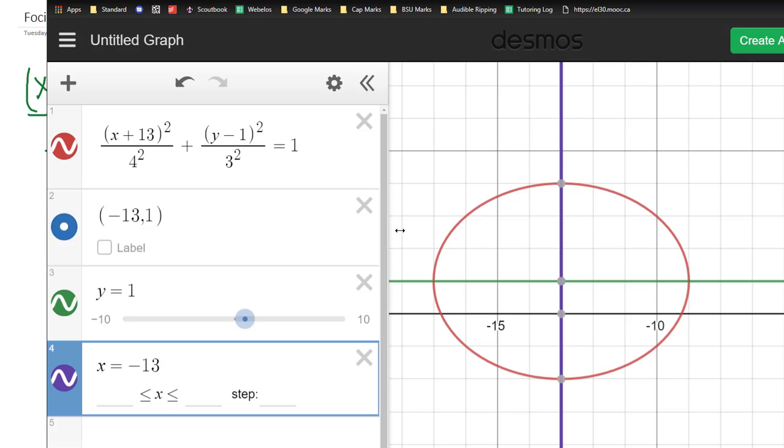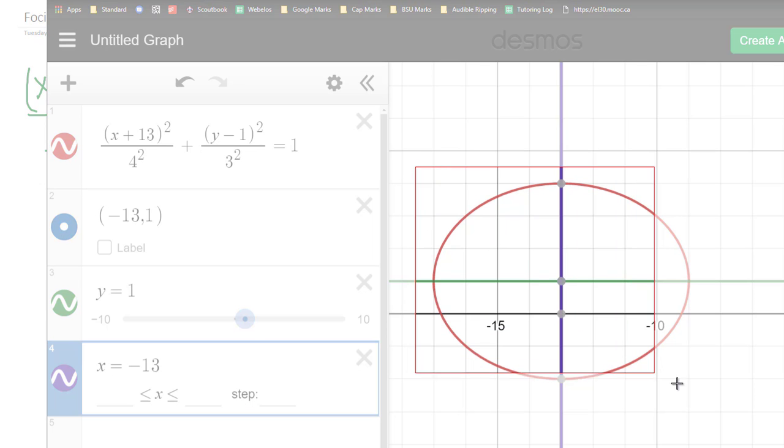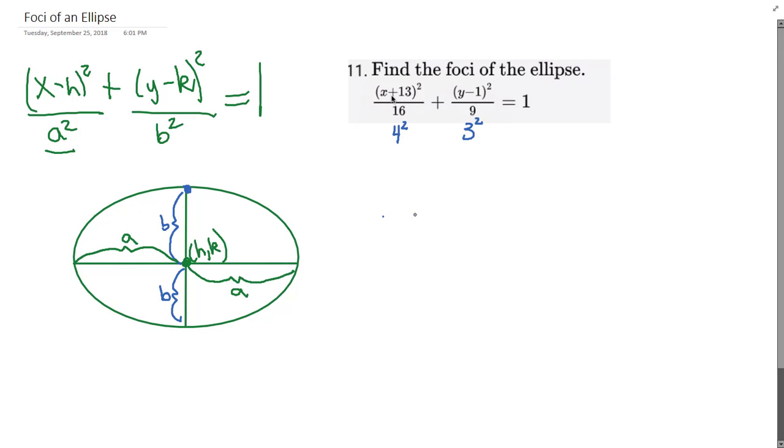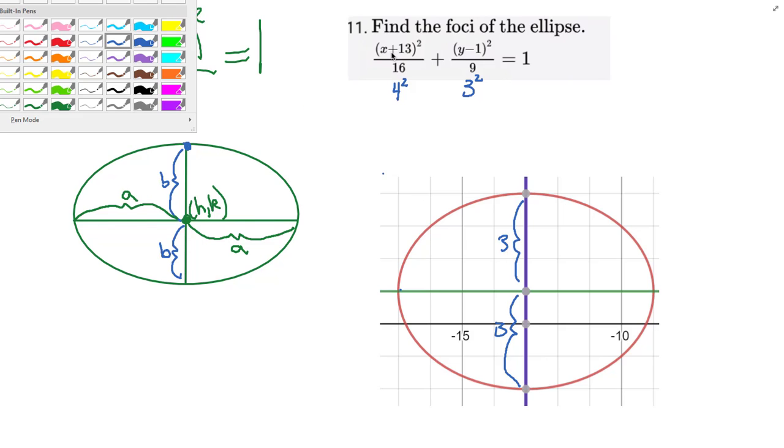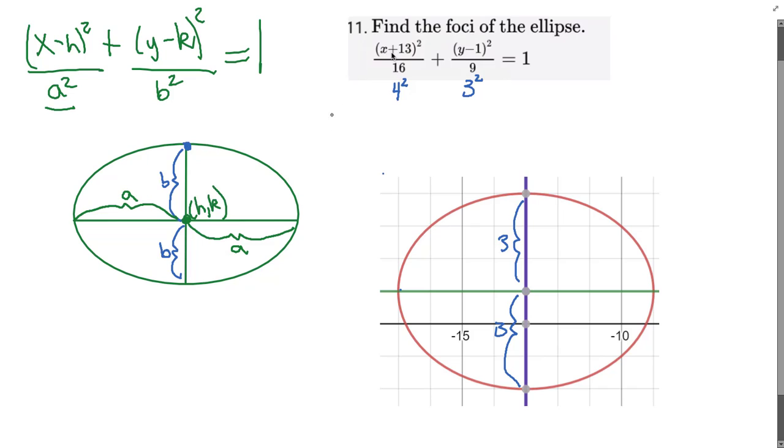Check it out. Now we're going to take this graph and paste it into our little document here, and we're going to work on it. So we already know how long this is. That's b, so that's 3. And the one on top is also 3. Then we already know the distance for a.